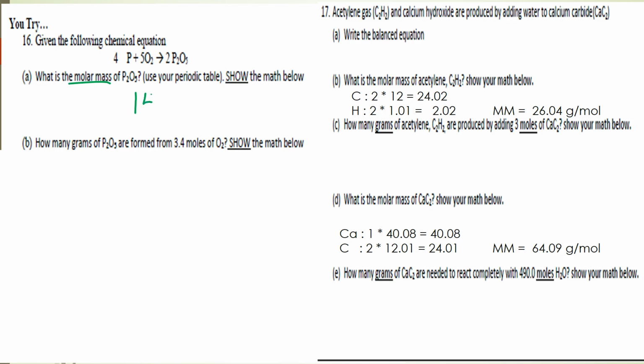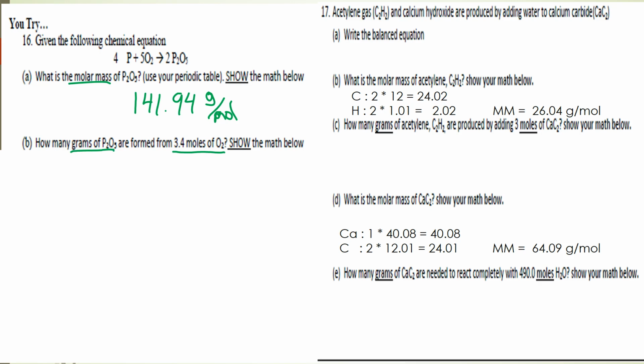That should be 141.94, I believe. Yeah, 141.94. All right. So when we did this one, it says how many grams of P2O5 are formed when we have 3.4 moles of O2.